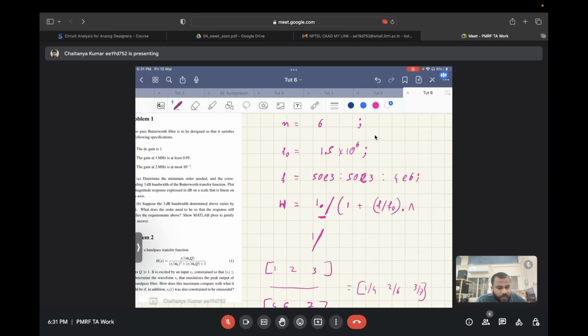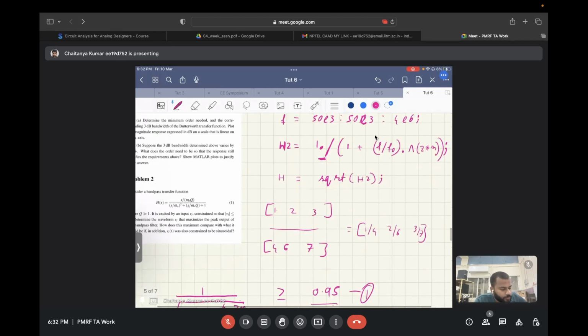So you will put the dot, then the exponential operator, then 2 into n, then close the bracket. So this will give you the magnitude response. Let's say we call it h2. The h we can call the square root of h2.